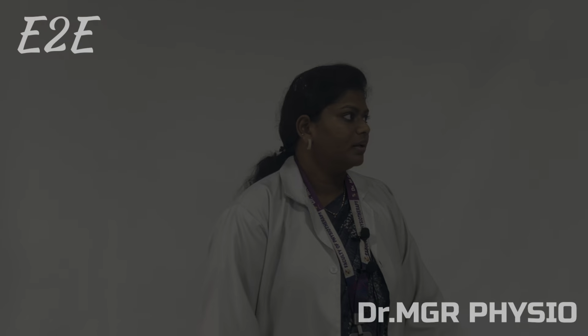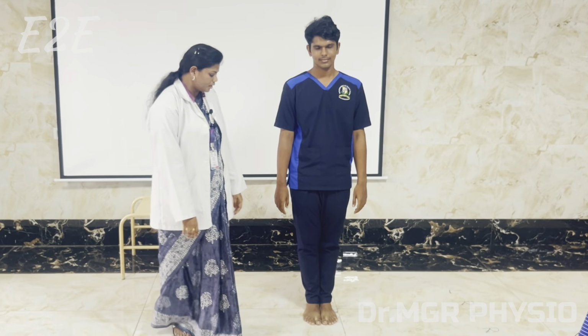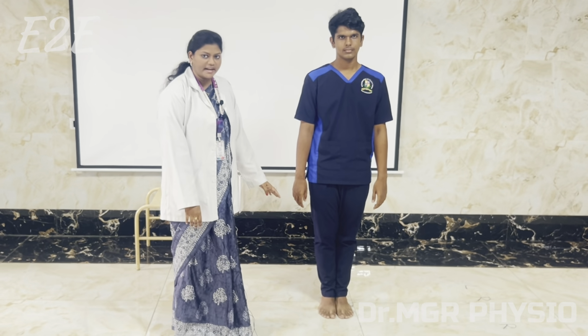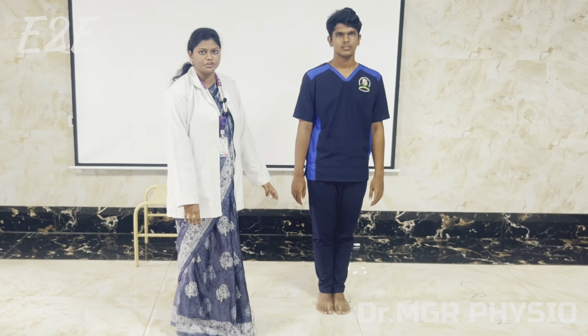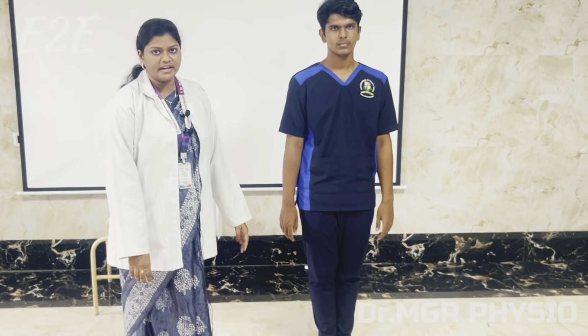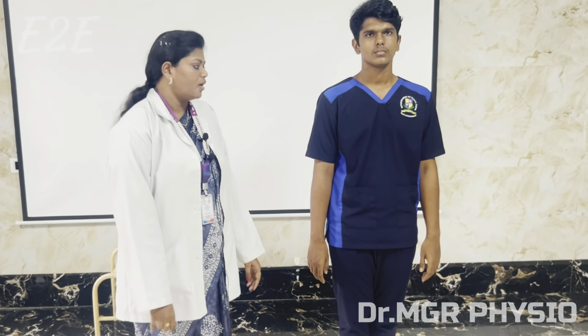For this, you will make the subject stand straight, with the feet close together and toes slightly apart, knees extended and aligned straight, hips in the neutral position and slightly laterally rotated, and spine erect. The upper limb hangs closely to the body, the shoulder is adducted and slightly retracted, and the neck is aligned straight with the eyes looking forward.